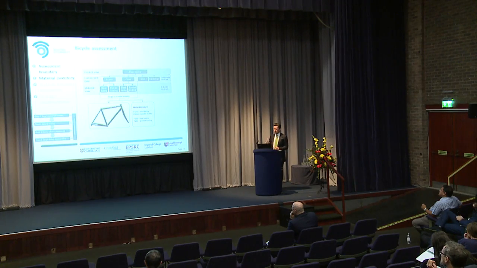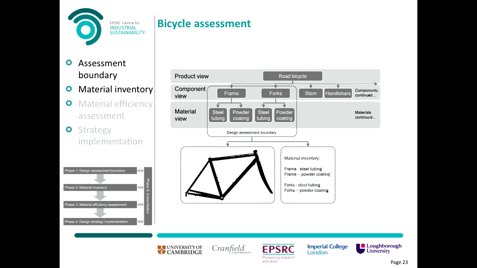So quickly just going to go through a case study of just a bicycle. And we developed a methodology for looking at a product and assessing it systematically. And on the left-hand side, you can see that there are 4 main steps to this. So to begin with, you set the assessment boundary.